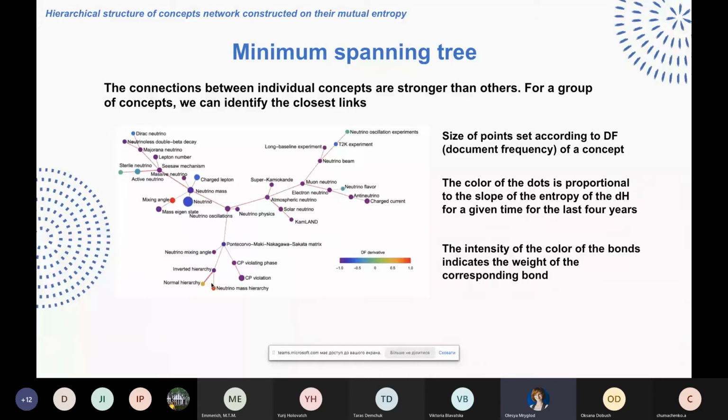I mean, usually after the application of some automatic methods, experts, humans, can verify this. Yeah. So, thank you for your question. Yes, of course. Why we choose this high energy physics and exactly the neutrino oscillations concepts and some others.